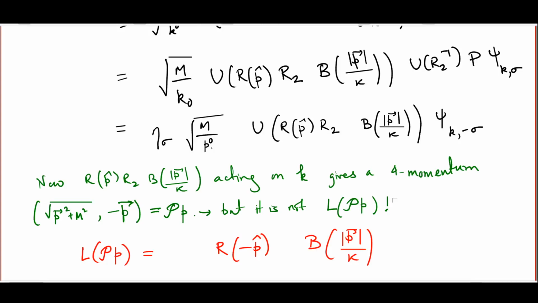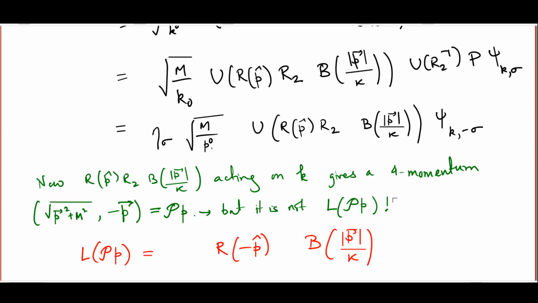Let me remind you that according to the prescription that we have been following, the standard Lorentz transformation which carries k to curly PP has to be the following. You must first boost the momentum kappa to the final value mod p vector by a boost along the z-axis.